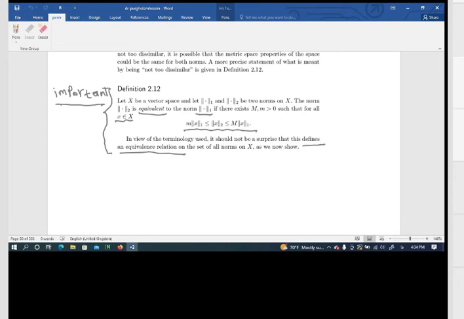Because this definition is symmetric with respect to norm 1 and norm 2, we can say that these two norms are equivalent. Now, for equivalent norms, we have some properties.